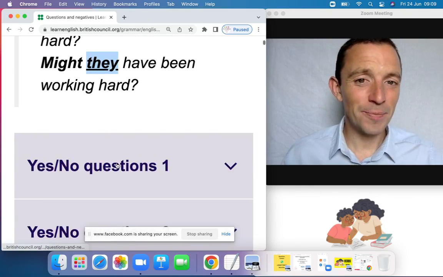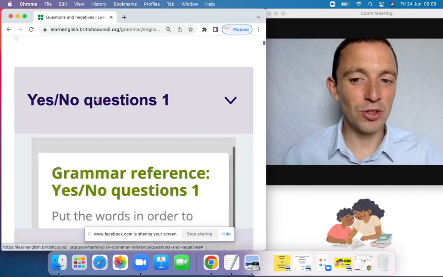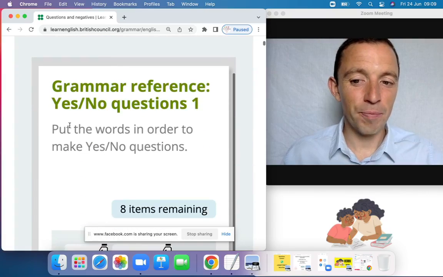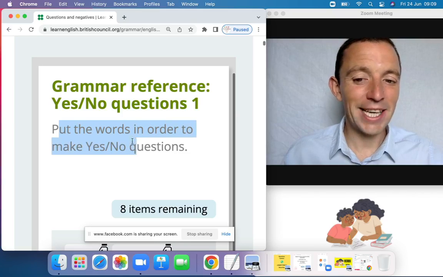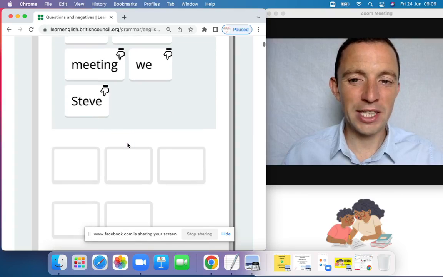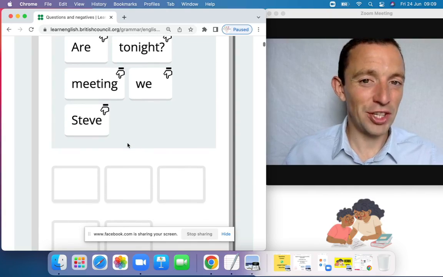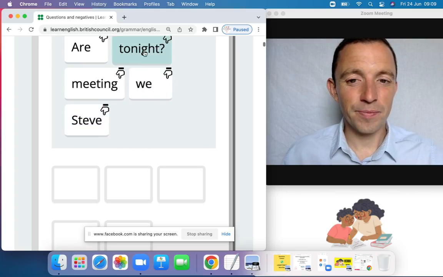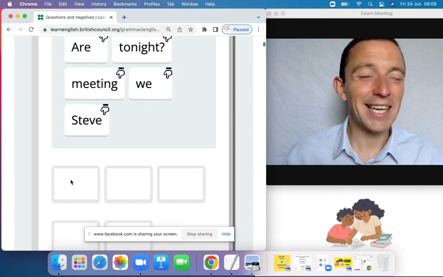Okay, now let's look at some questions ourselves to do some exercises. So put the words in the correct order to make yes or no questions. So let's look at this one. We need to put the words in the correct order to make the question. So normally at the beginning we have the capital letter.